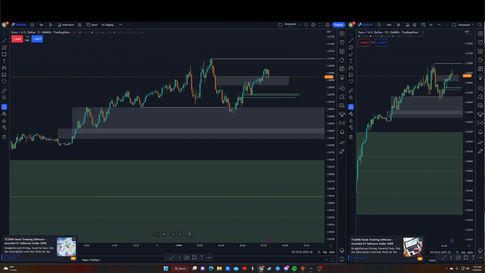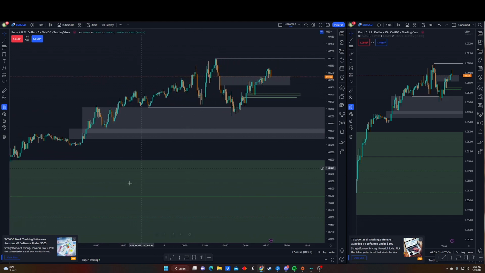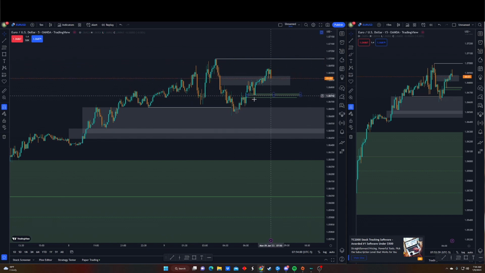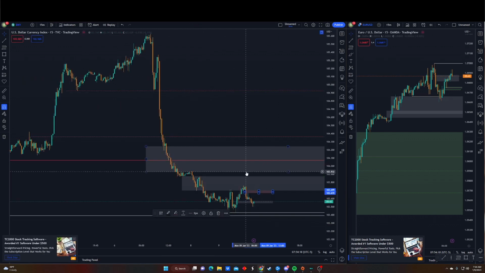Okay. I'm still not interested in a trade just yet. Maybe interested in a long under here. What time is it? All right, so dollar made its fair value gap around 6.